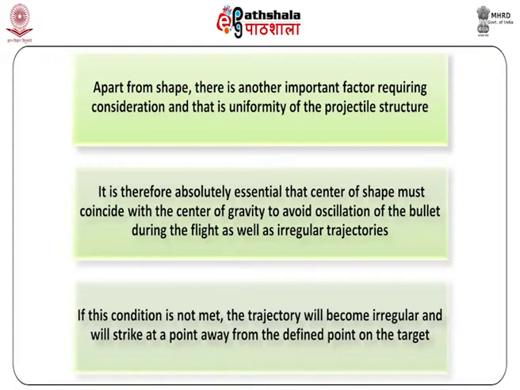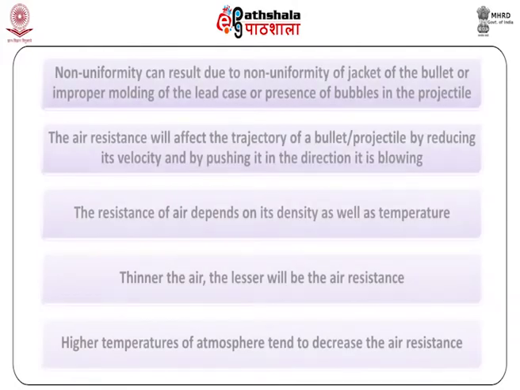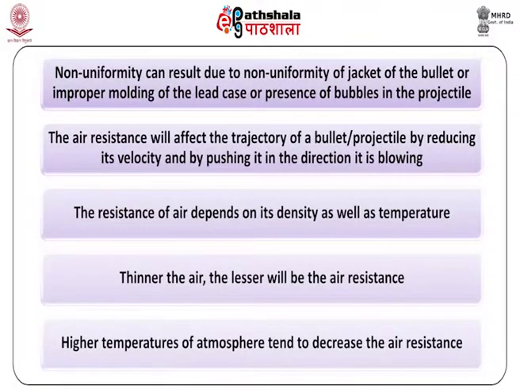If this condition is not met, the trajectory will become irregular and the bullet will strike at a point away from the defined point on the target. Non-uniformity can result from non-uniformity of the jacket of the bullet, improper molding of the lead case, or presence of bubbles in the projectile.